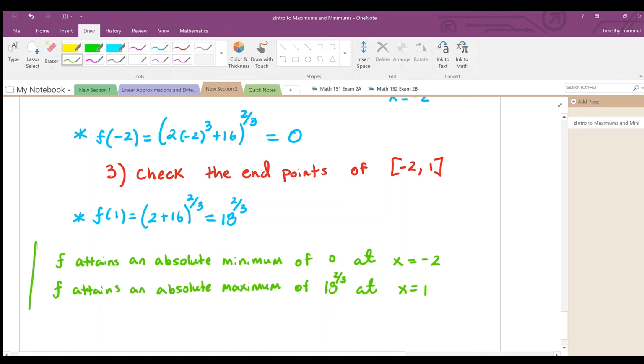And this is all over the interval -2 to 1. Okay.